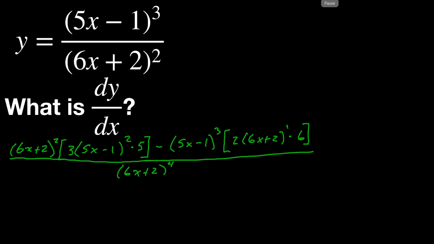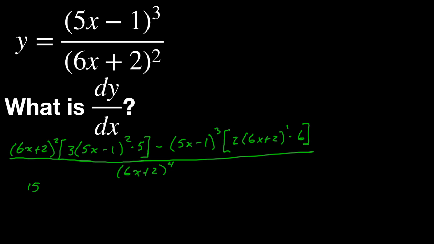All right, so we're going to simplify this a little bit. The 3 and the 5 is going to give us a 15 for a coefficient. Now, one of the things we'll recognize here is there is a 6x plus 2 in this term. There's a 6x plus 2 in this term. And we have 6x plus 2 down here, which means we can cancel out a 6x plus 2 in each one of those terms.